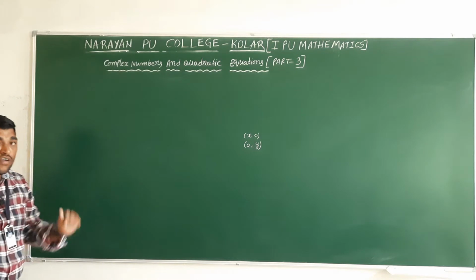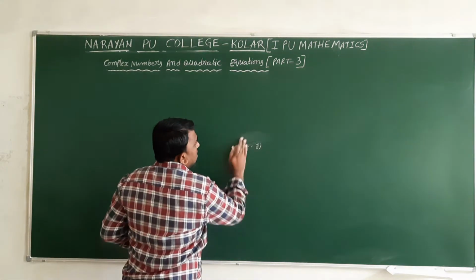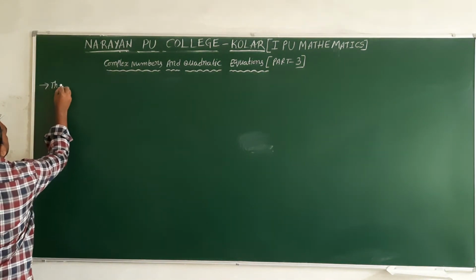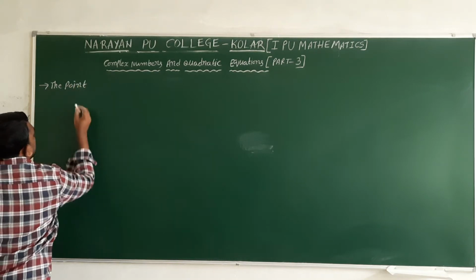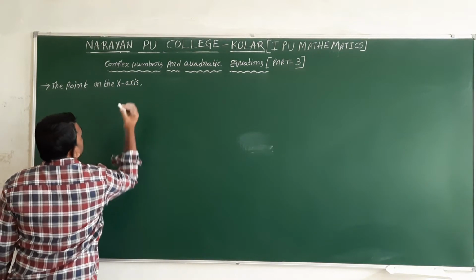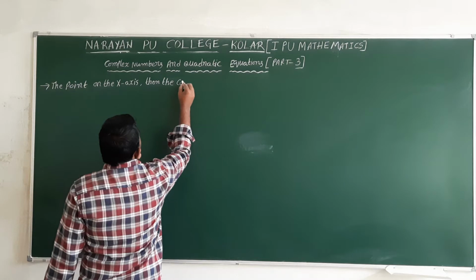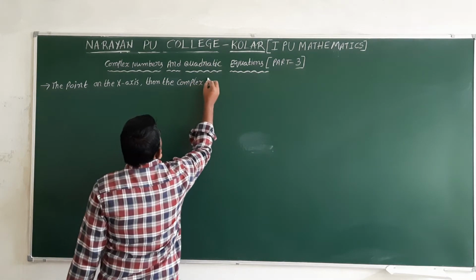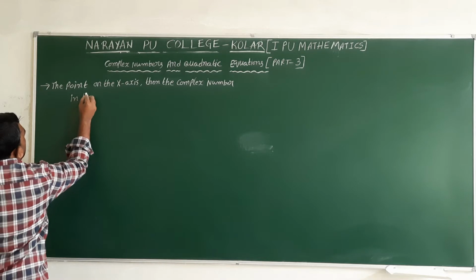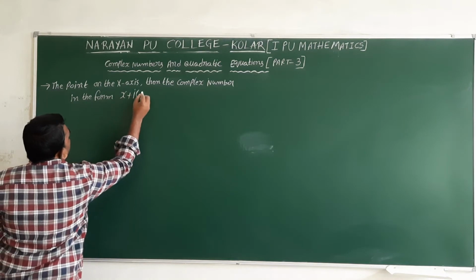While coming to the Argand plane, for a point on the x-axis, the complex number is in the form x plus i into 0.